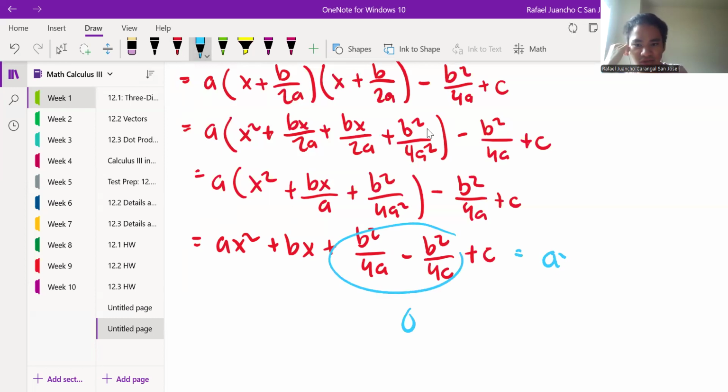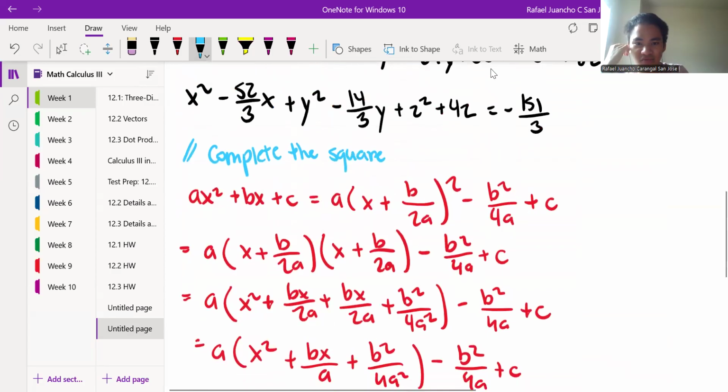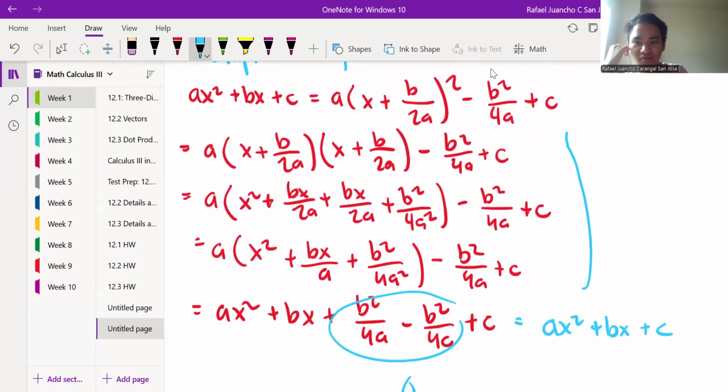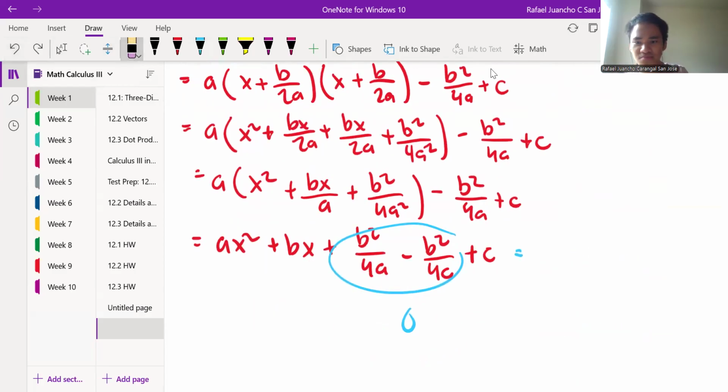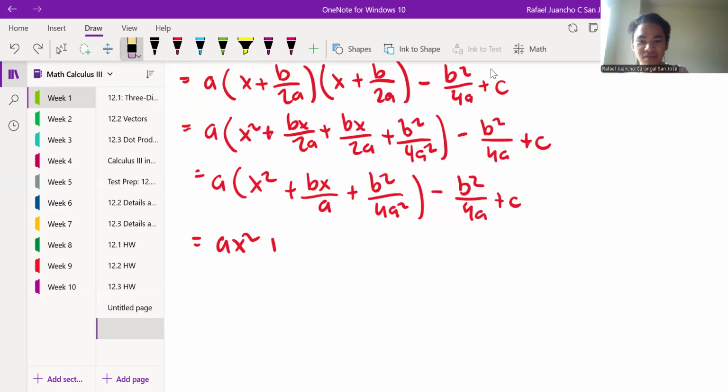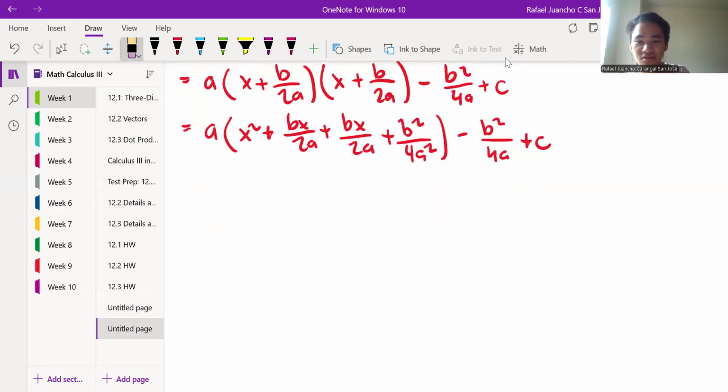And so here we have ax squared plus bx plus c, which is the one that we got before. So now we know this works, so I'm going to get rid of this computation right here.